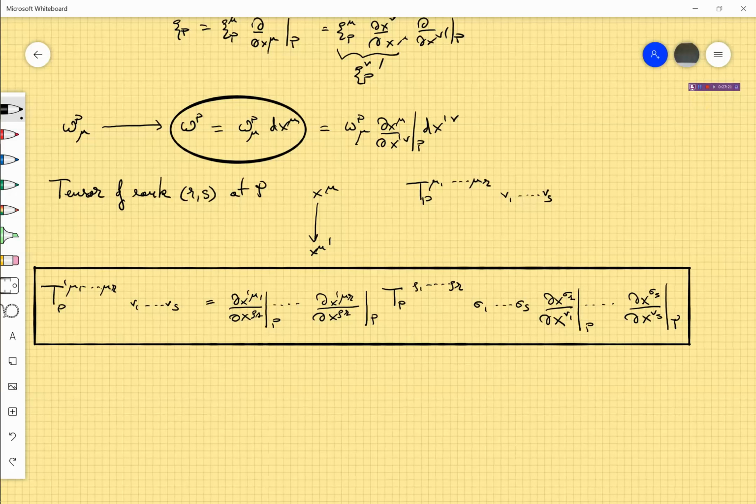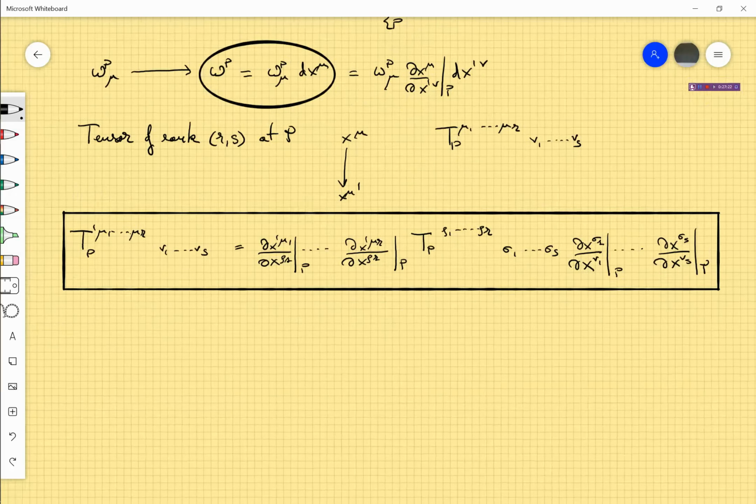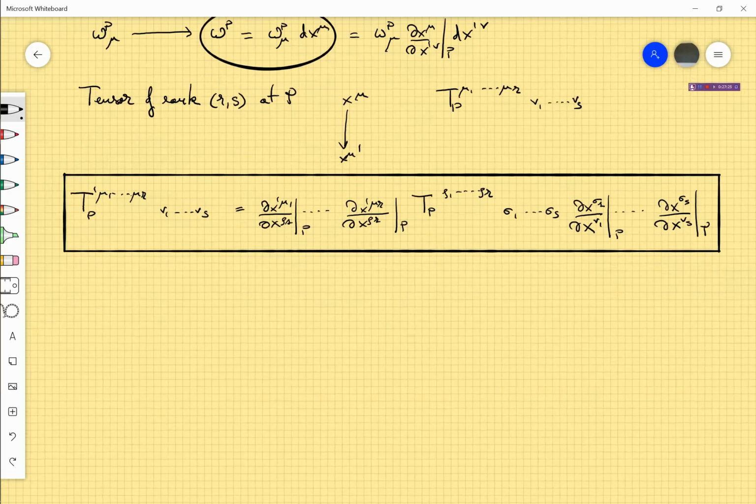Okay, so we have already met a tensor of rank 2, 0, which is the metric tensor. It is an object that we have written like this. Writing mu1 or mu2 would not make any difference. I can also write rho sigma or whatever.